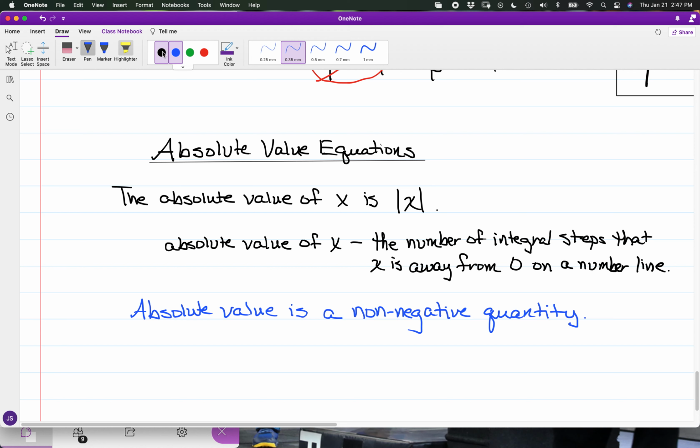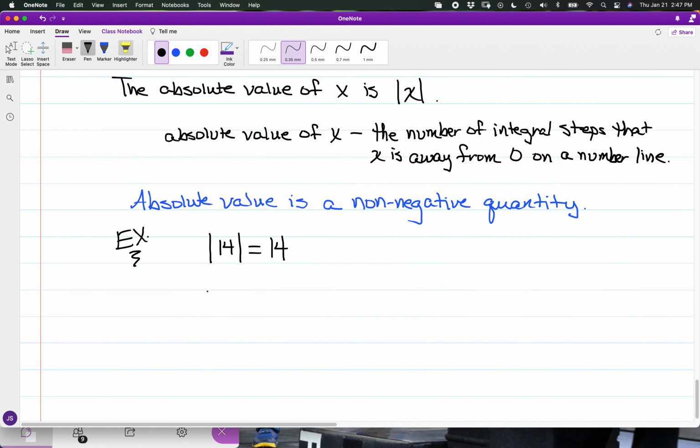And just in the case of examples of absolute value, you have something like the absolute value of 14 is equal to 14. The absolute value of a positive number is going to be a positive number.